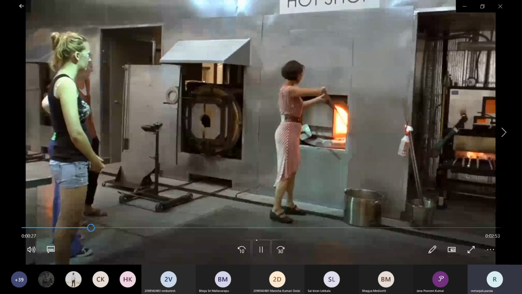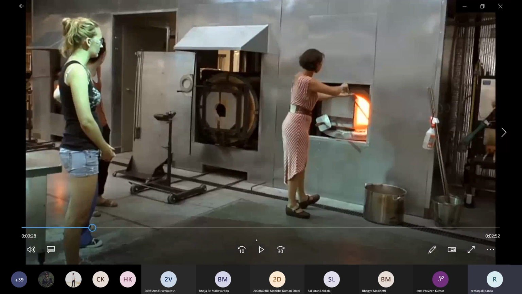You see this lady, what she is holding in her hand, that is a hollow rod. At the tip of that hollow rod, the molten glass will be attached.